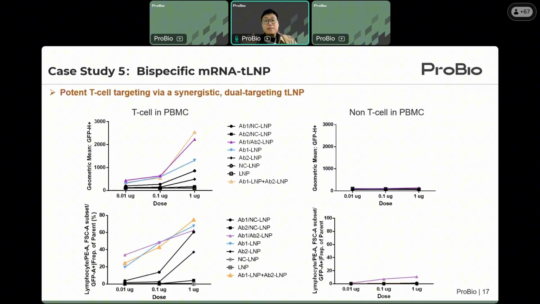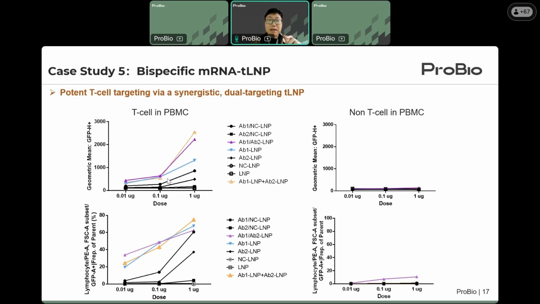They are trying to file a patent about a new bispecific antibody. The IP is owned by ProBio, by the way, and they haven't given me their best result. They only gave me the so-so result because the patent filing hasn't been done yet. So I'm just giving you a taste of that.